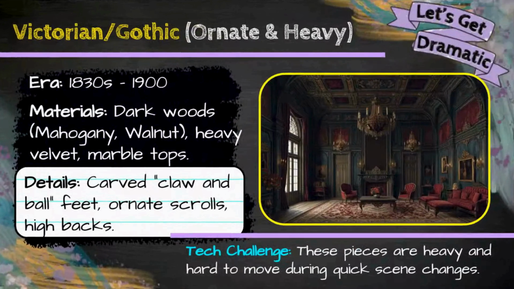All right, here we go. And feel free to pause again if you need to. Victorian or Gothic time period. So it's ornate and heavy. The era is the 1830s to the 1900s. Materials were dark wood, mahogany, walnut, heavy velvet, marble tops. Details were carved claw and ball feet.